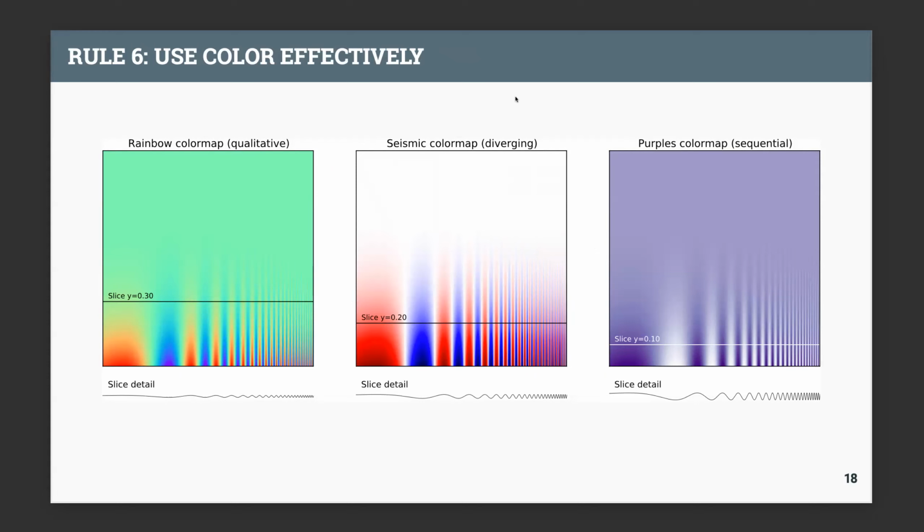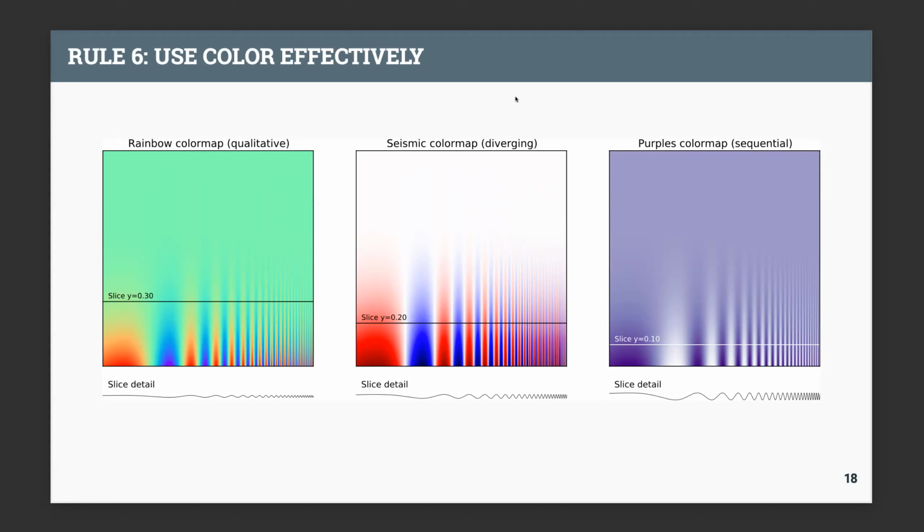No, it was jet. For Matplotlib, it was a jet color map. For GNUplot, I don't remember the name. And you can see on the left that if you use the bad color map, then it will hide information. And so when you choose a color map, first, don't use rainbow or jet.